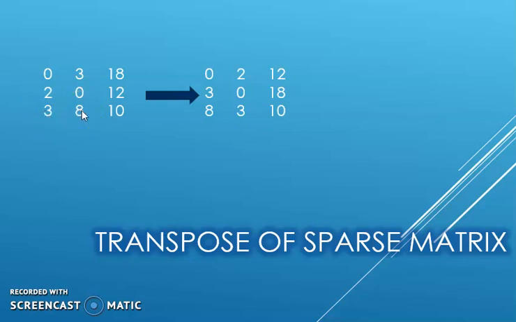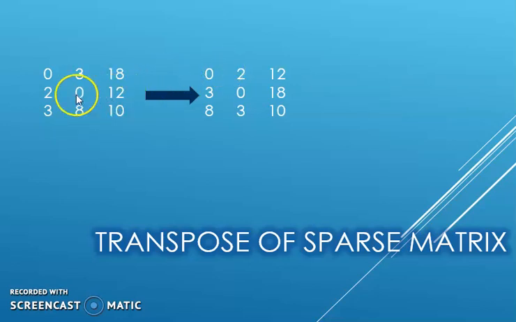Now the issue that comes here is after we interchange the values, you can see here 3 0, 0 2 and 8 3 comes, right? If you're directly interchanging and placing it into a separate matrix, the resultant matrix will not be sorted.